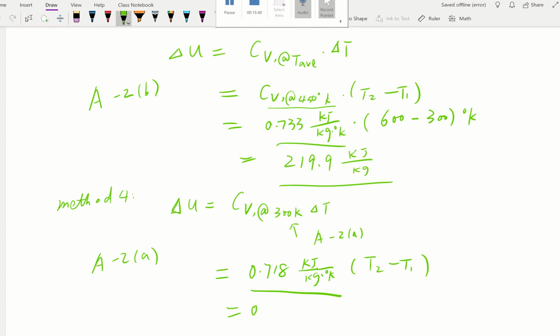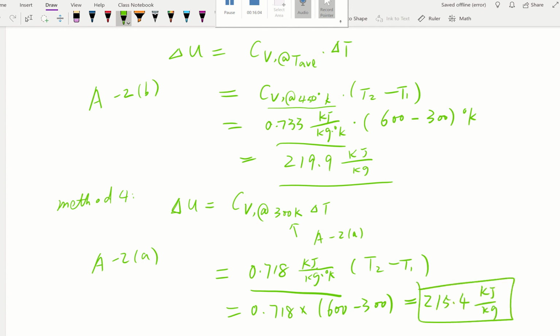In that situation, we have 0.718 times 600 minus 300. You see, it's the same method. It's just that the CV or CP value you are getting is slightly different. And the answer for this will give us 215.4 kilojoule per kilogram.